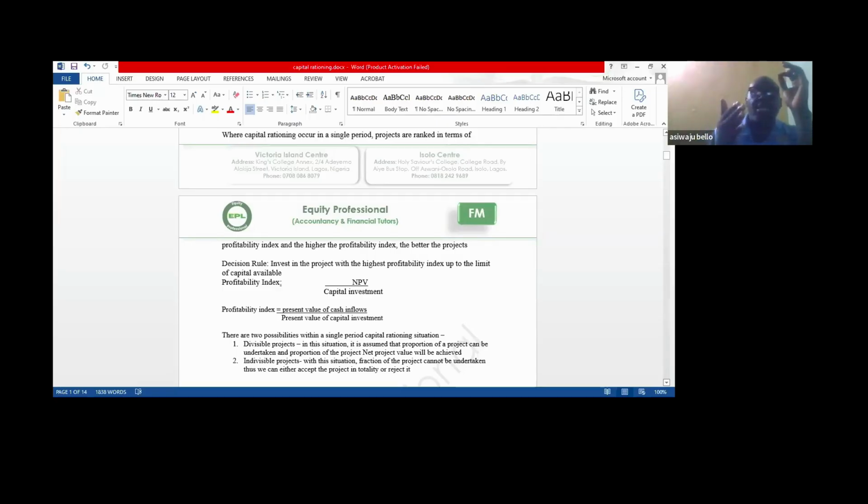Divisible projects: projects that can be divided. In this situation, it is assumed that a proportion of a project can be undertaken, and a proportion of the project's net present value will be achieved.